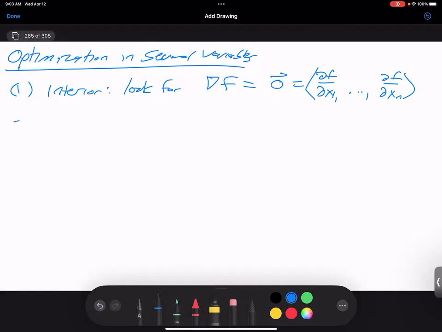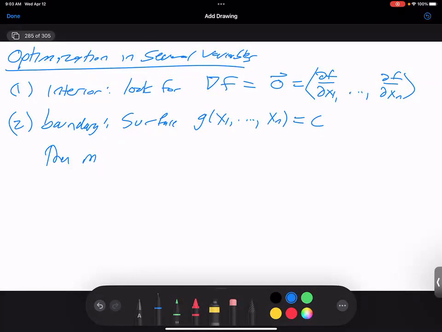And then the more difficult one is the boundary. Say we have the surface g of x1 ... xn equals some constant c. Then we must have a lambda such that the gradient of f is equal to lambda times the gradient of g at a candidate.